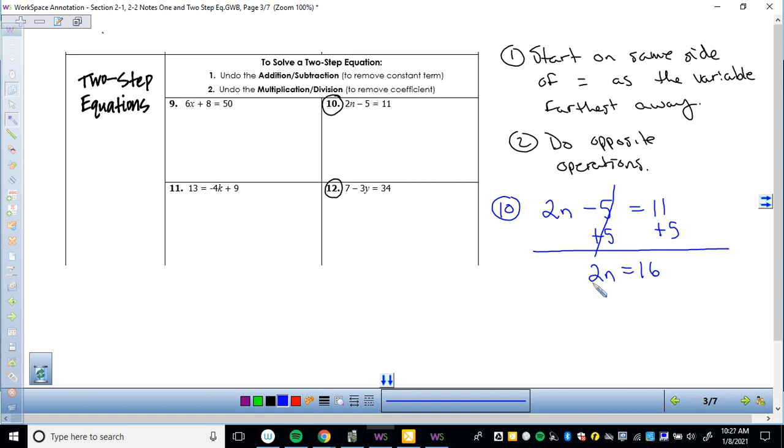And then we will do the opposite operation. 2 next to an n means multiply, so we need to divide by 2. And we get n equals 8. Solution. Box your answer. Okay?